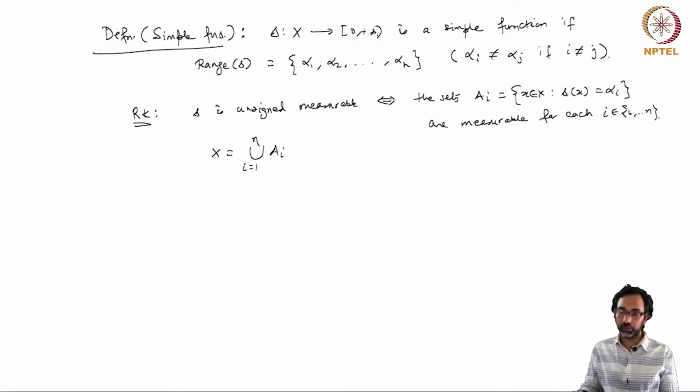So it is only defined for non-negative real numbers, but not the extended real numbers. So we only allow the sets Ai where s of x is a finite real number from 0 to infinity. Then these sets are measurable and X can be decomposed as a finite union of these Ai's. In fact, they are going to be disjoint because the alpha i's are distinct.